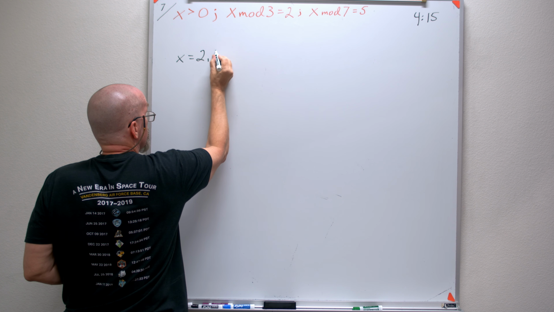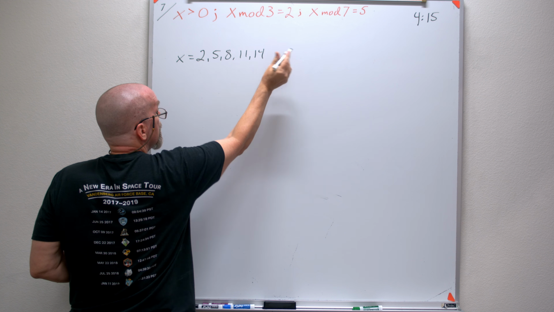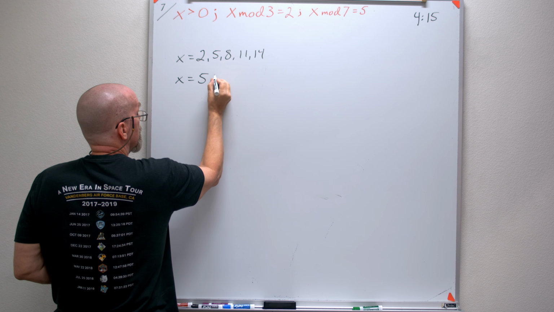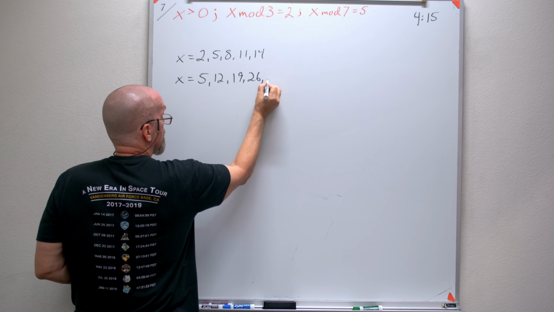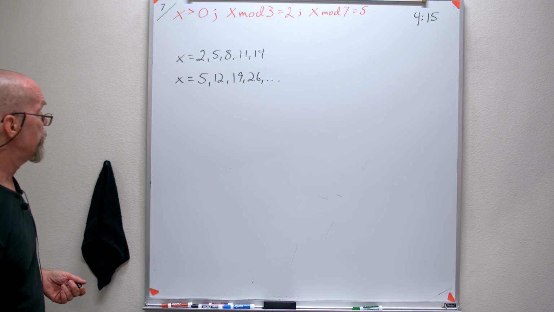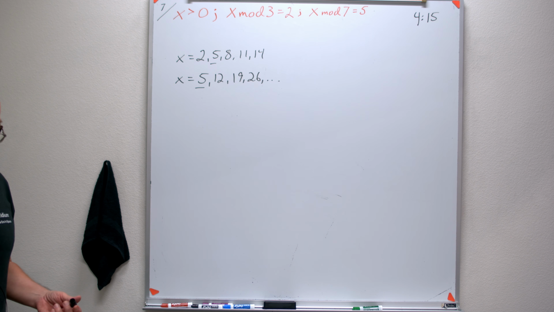Well, 2 clearly works. 5, 8, 11, etc. Mod 7 equals 5. I would just look for the first number that they hit. Haven't hit it yet, but 5. This answer is going to be a 5.